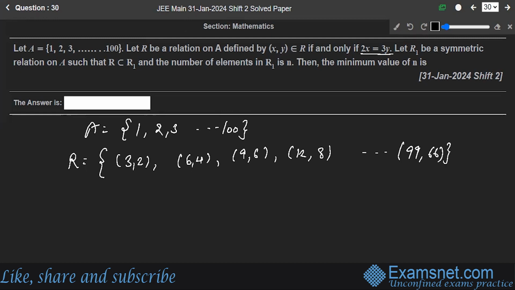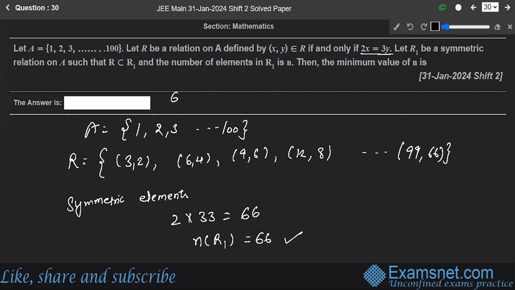And R1 is a symmetric relation on A such that R is a subset of R1. So the symmetric elements will be given by 2 into 33, which is equal to 66. So the number of elements in R1 is equal to 66. This is the answer. Hope you are clear with this.